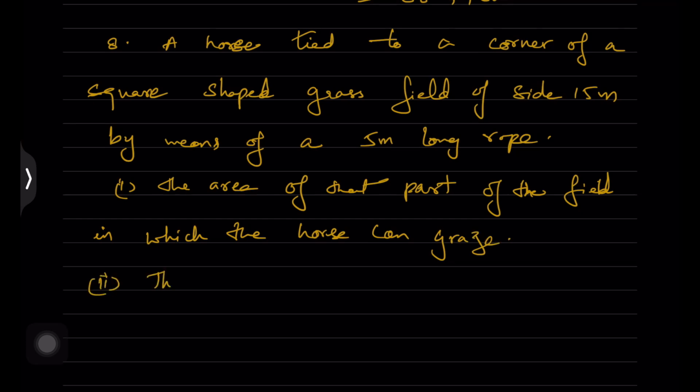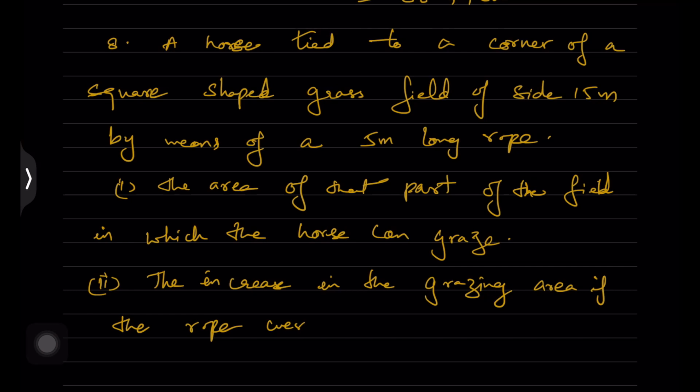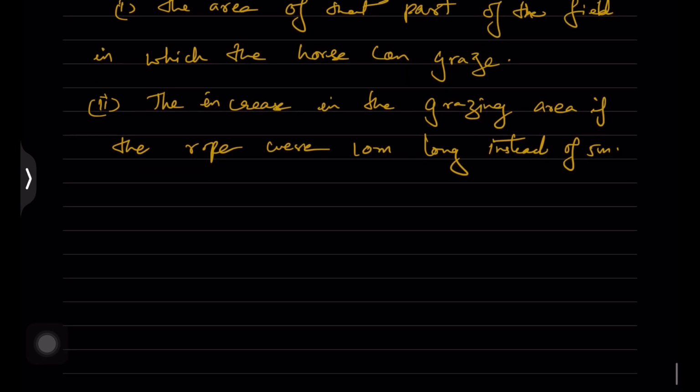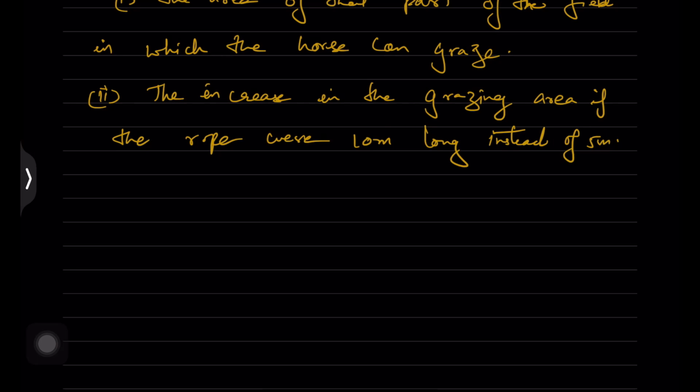The second bit is the increase in the grazing area if the rope were 10 meters long instead of 5 meters. So now we'll just go into the solution.